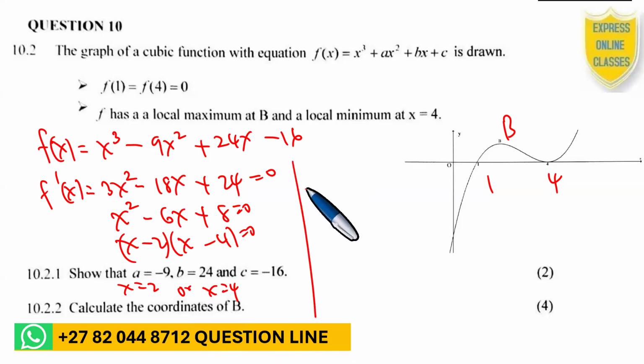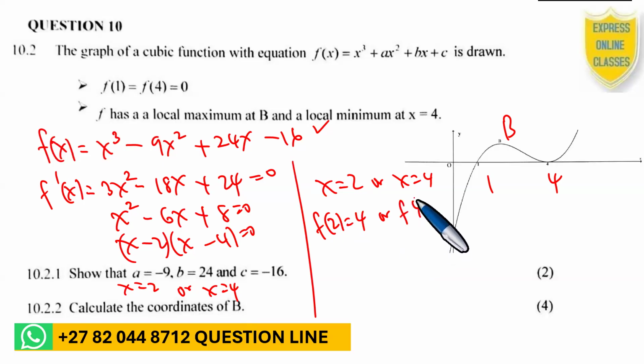When you substitute into this function, f of 2 becomes exactly 4, or f of 4 is exactly 0.